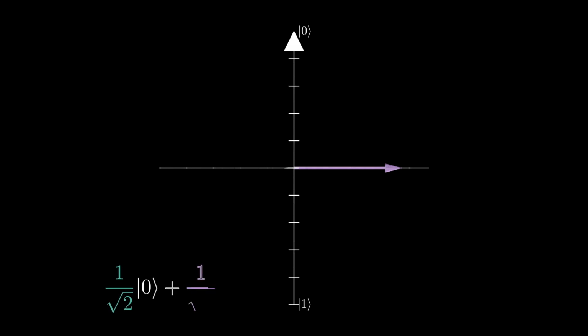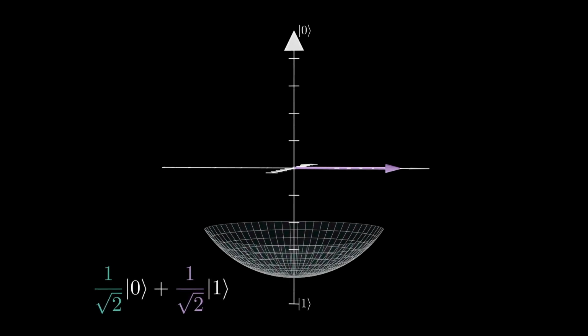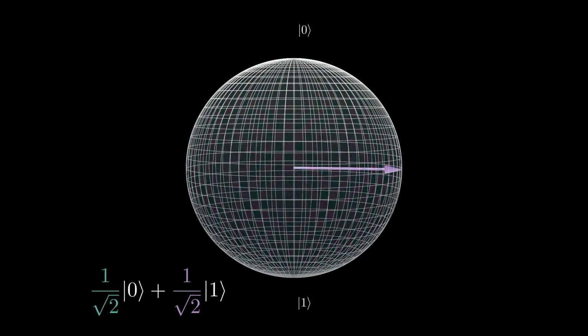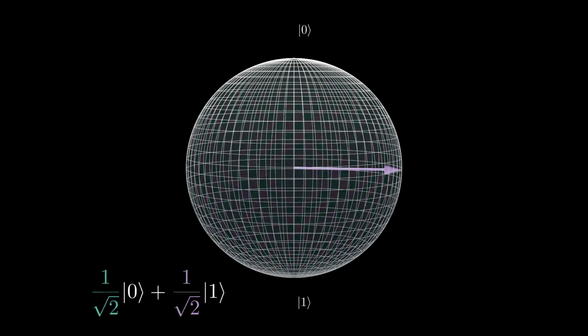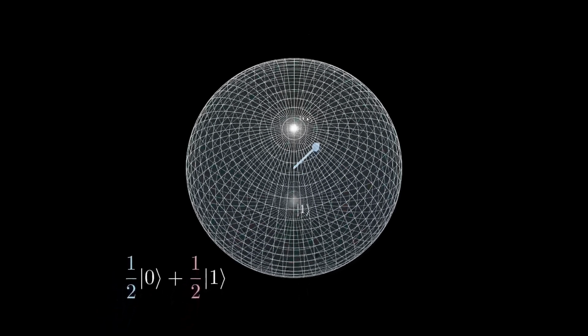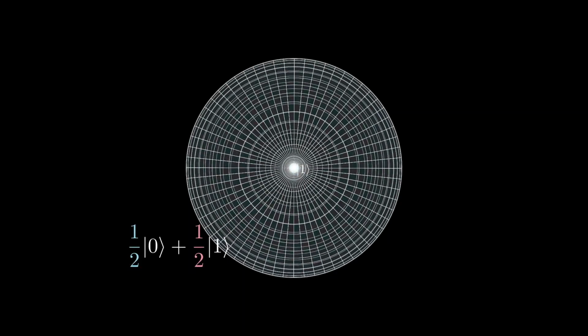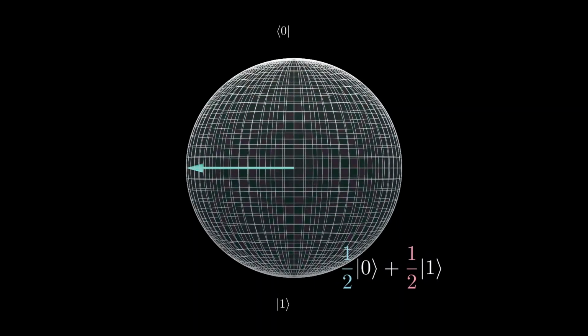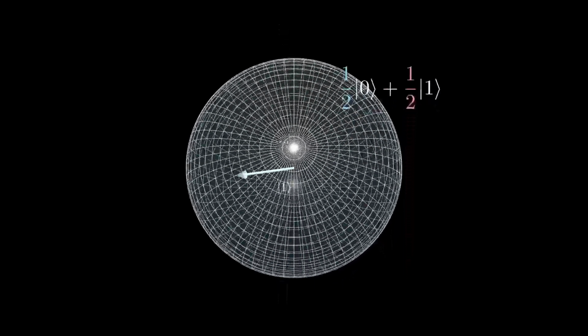We'll see later that this qubit is defined by the following state vector. If we square the coefficients, we'll see that half the time, once observed, the qubit will collapse to 0. And half the time, it will collapse to 1.